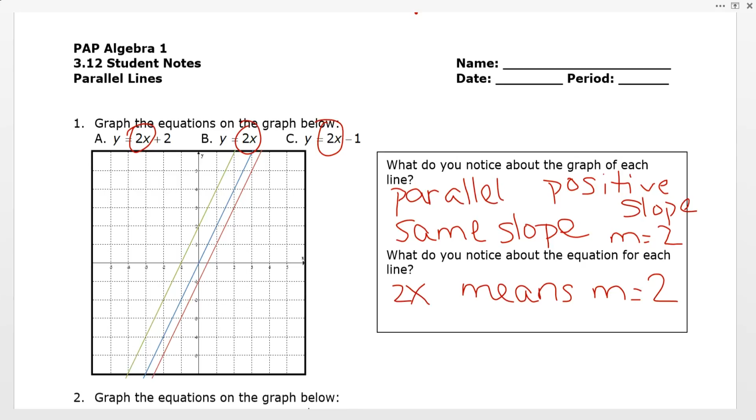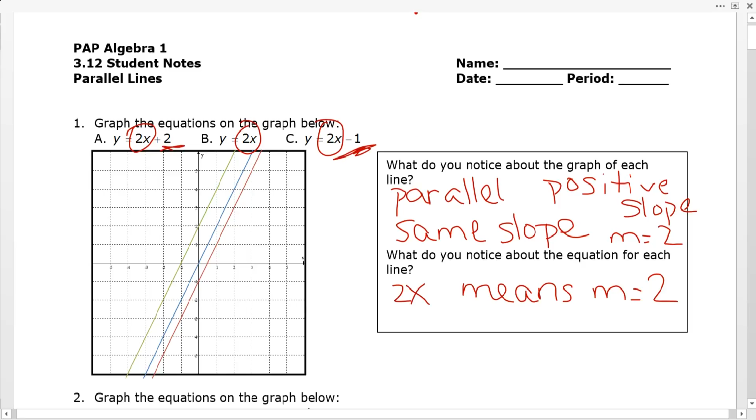I was thinking about one other thing to notice, oh, they all have different y-intercepts. So these are different. But the slope is the same.